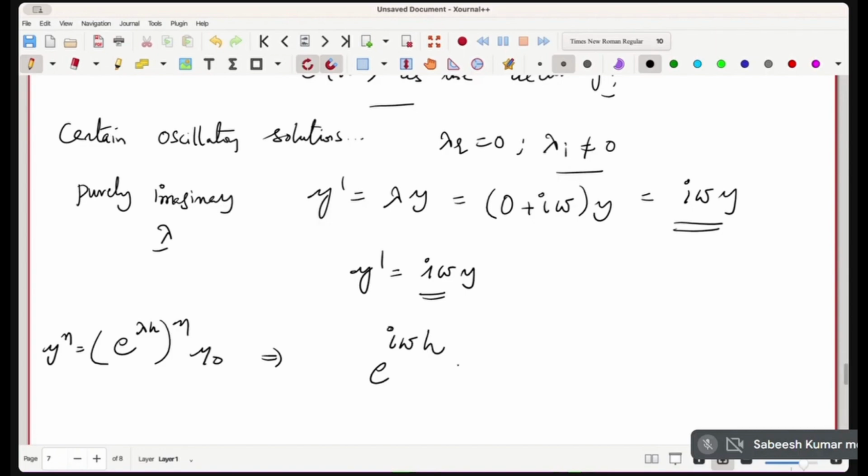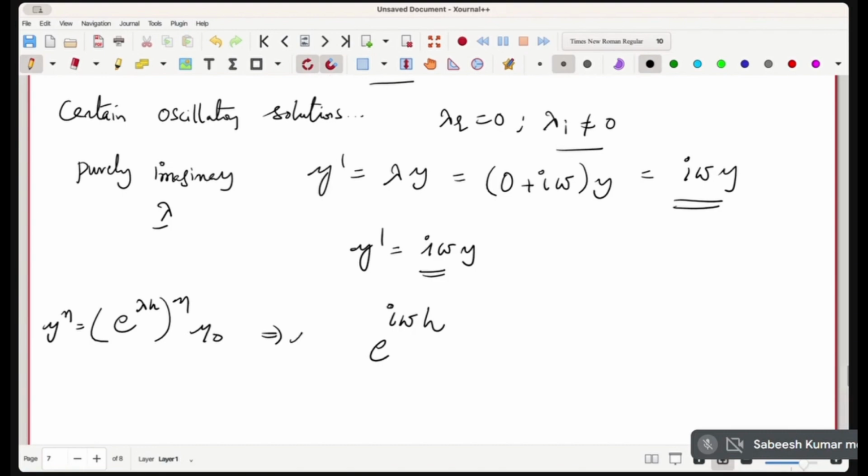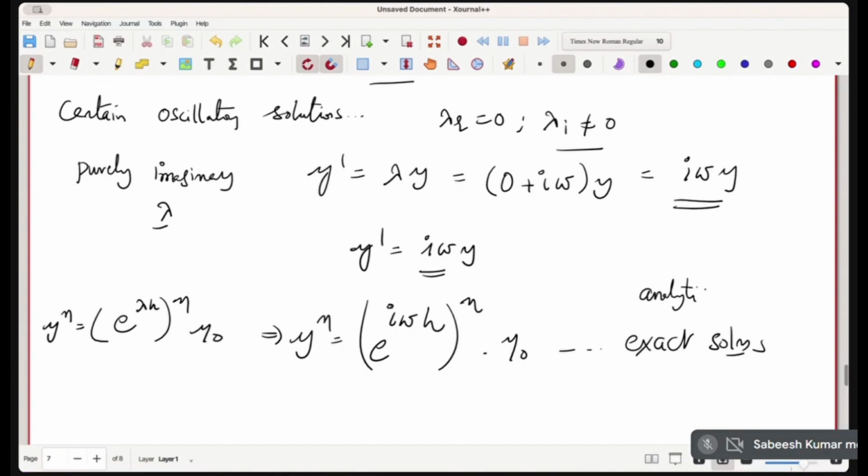That means yn equals e to the power I omega h, to the power n, times y0. Okay, so this is the exact analytical solution for this problem. I essentially substitute lambda equals I omega, with no real component, since the real component is equal to 0. So we are looking at a purely oscillatory solution.